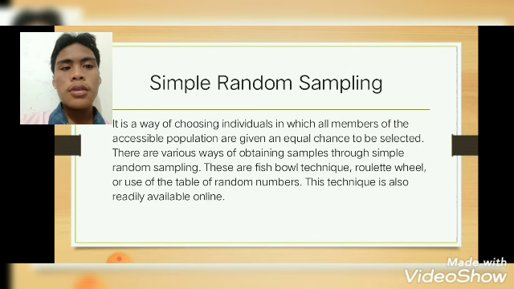There are various ways of obtaining samples through simple random sampling. There are the fishbowl technique, roulette wheel, or use the table of random numbers. This technique is also readily available online.